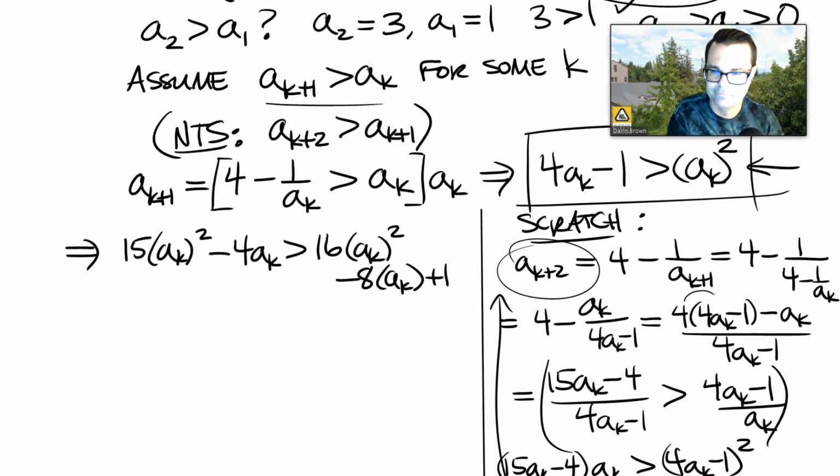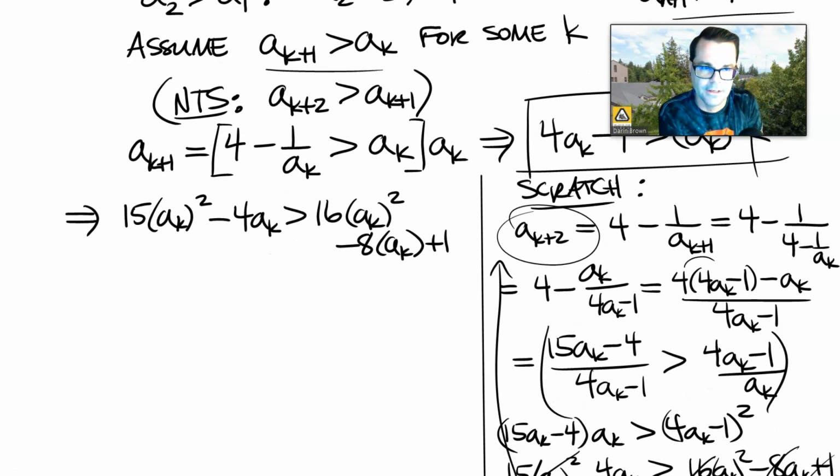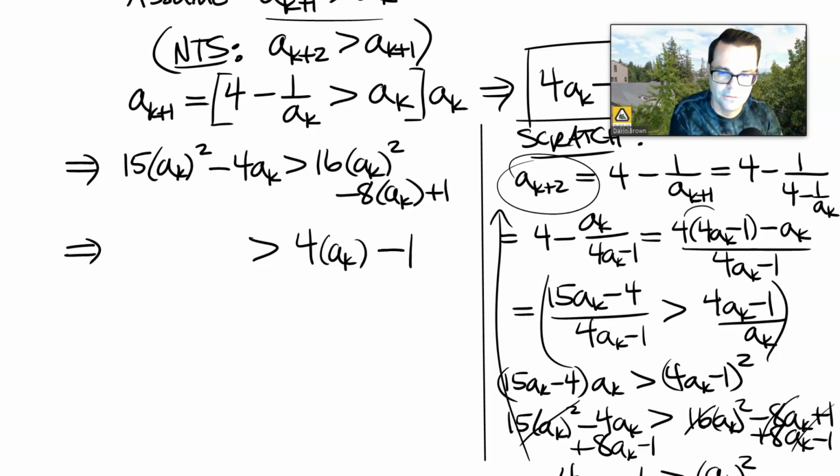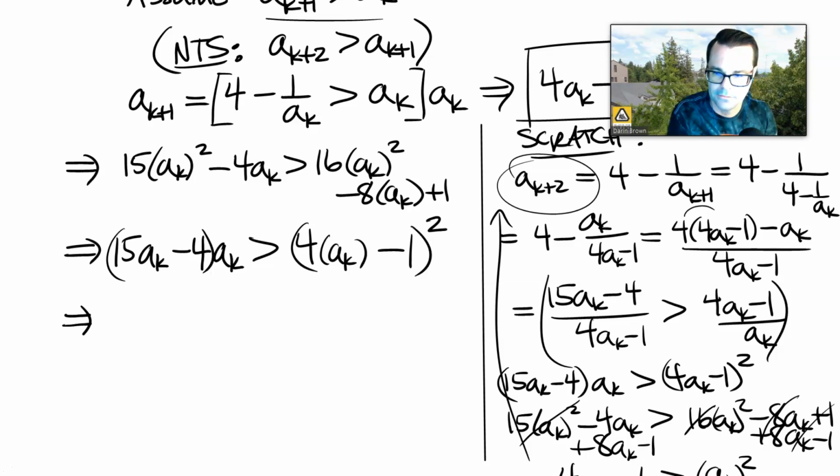Well, you can just see that this is equivalent. And then I'm just going to backtrack. So this is 4a sub k minus 1 all squared, 15a sub k minus 4 a sub k. Now I get back to this big inequality here.